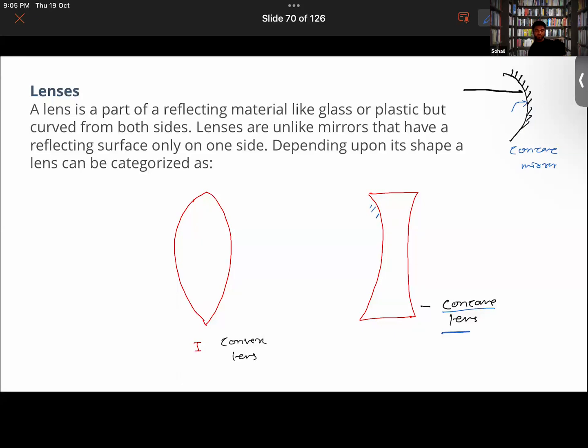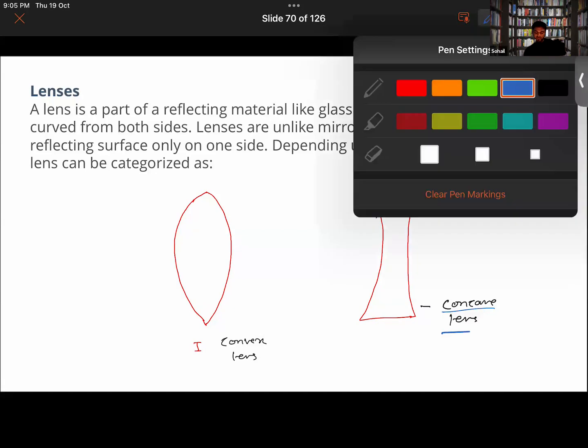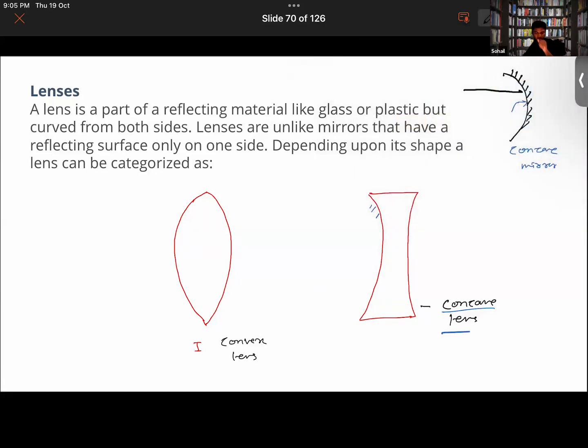In the case of the convex mirror, recall the property we discussed moments ago: are convex mirrors converging or diverging? They are diverging. Yes, sir. And concave mirrors are converging, right?